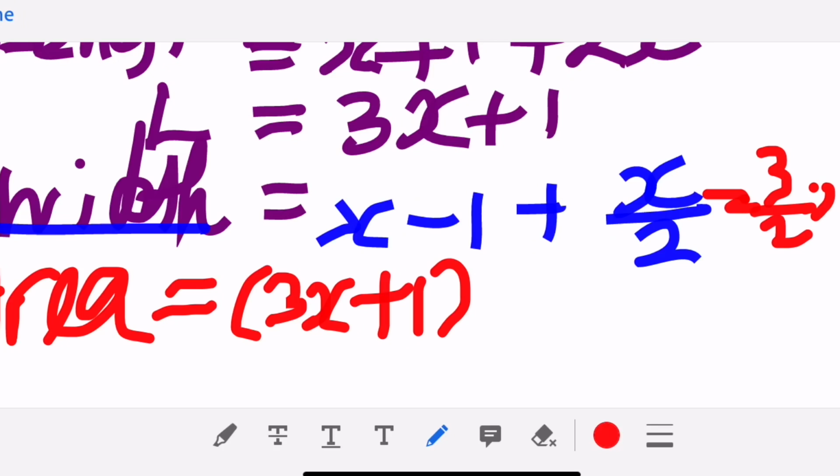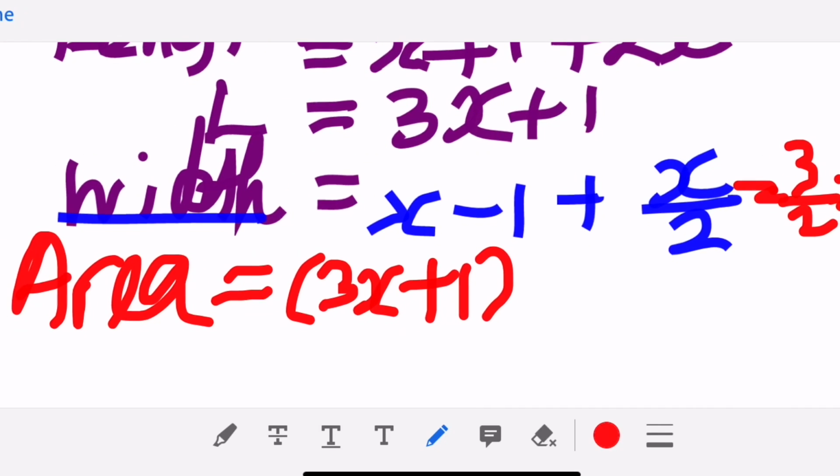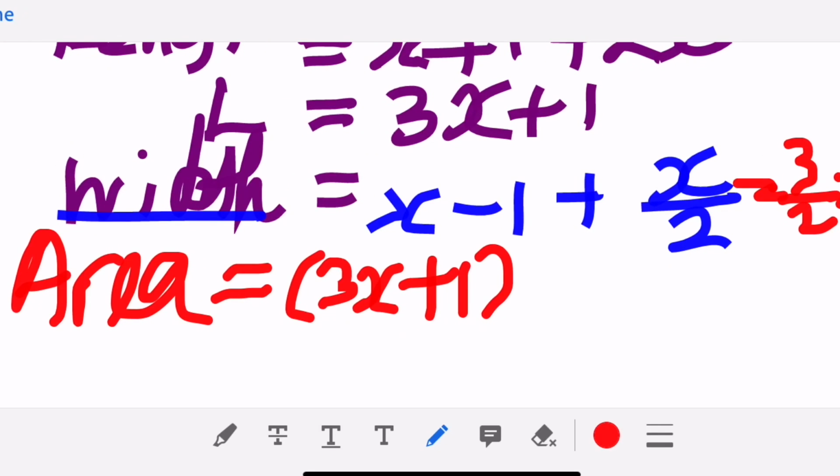Now you take the area times the 3 over 2x minus 1, and you try to do it on your own first before you refer to my teaching. I'm sure you know how to do it, right? You need to expand. So I will write the width, which is 3 over 2x minus 1.